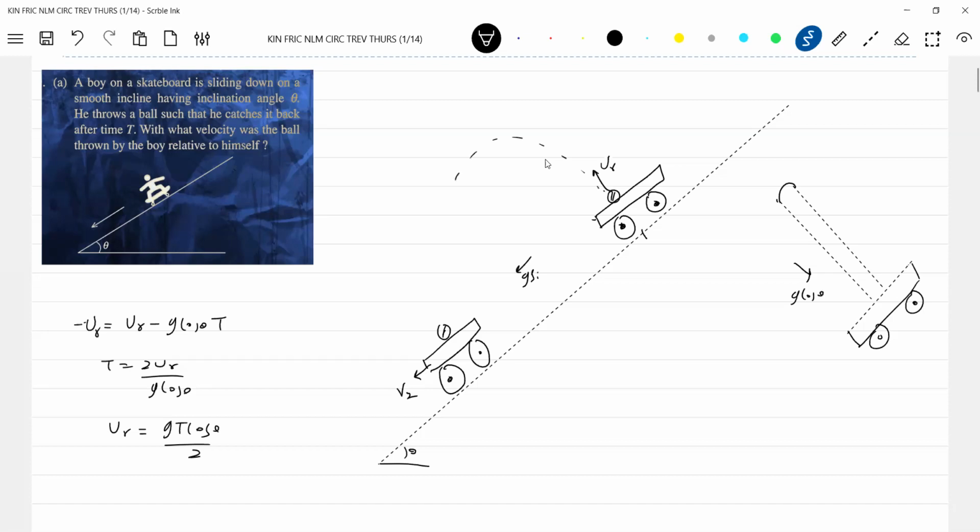It is going to move in a parabolic path with respect to the ground.